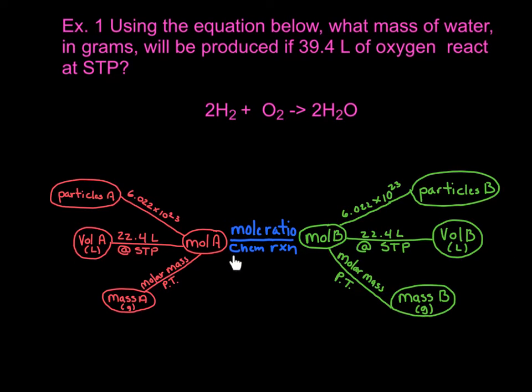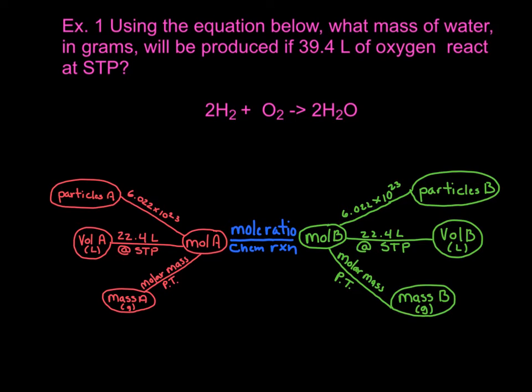We still need to get to moles, and we still need the mole ratio using the chemical reaction to get to moles of our second chemical, and then move on. So these are 3-step operations. One of these roads to get to moles, the mole ratio to change the chemical, and then one of these roads to get to another island. So let's take a look.